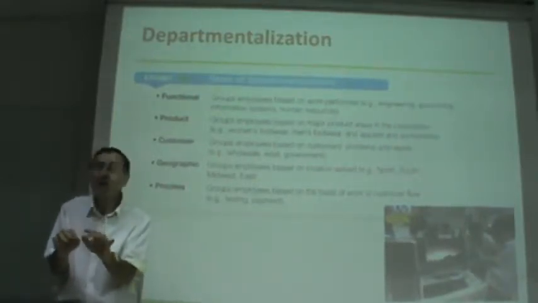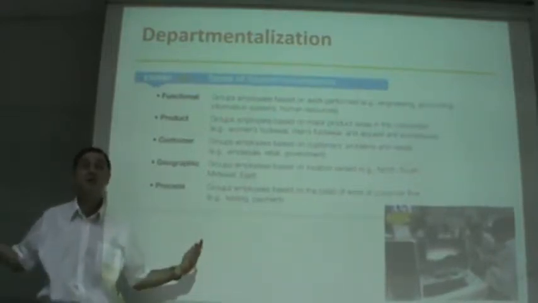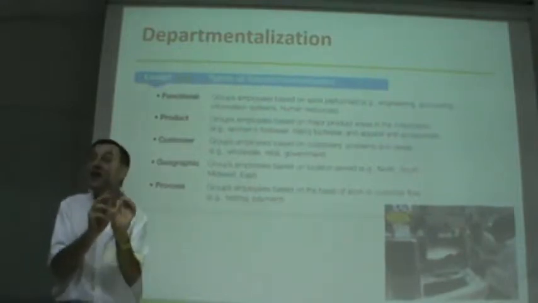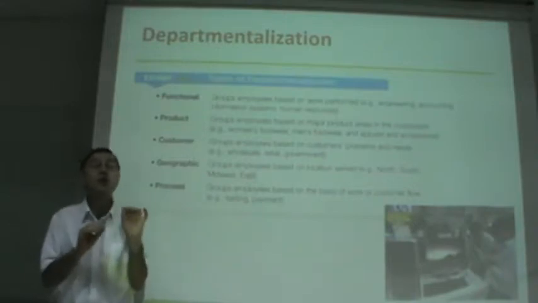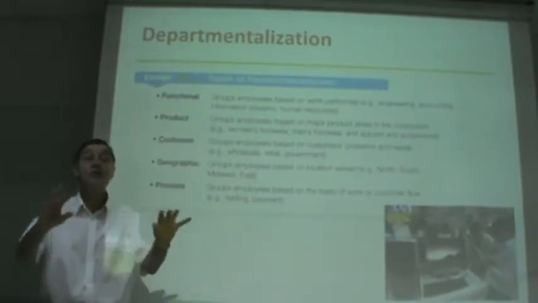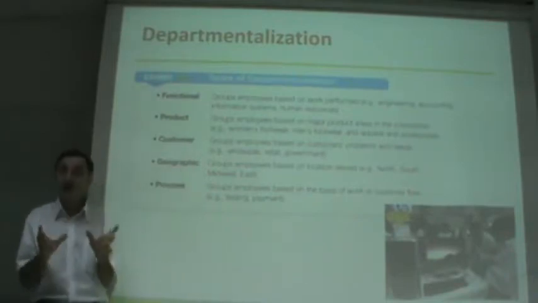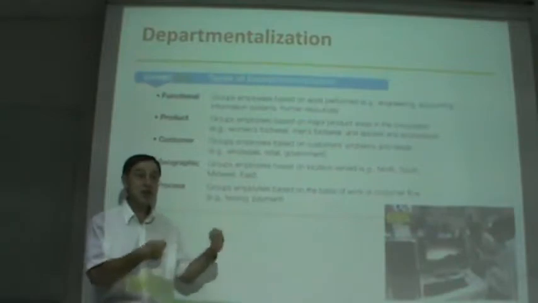Usually, everyone in the hospital has a computer, right? So when you have a hospital of 300 people, you're going to have 300 computers. You're going to have a little IT department, maybe 4, maybe 5 people responsible for everybody else's computer. So you can have a structure on the one hand based on the process of serving the patient.